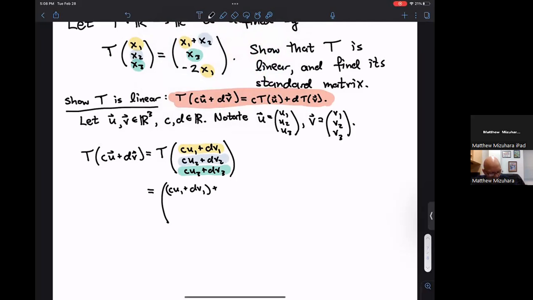So that's going to be plus x2, which is the second component. So that's cu2 plus dv2. And then my second component is the x3 component, so that's cu3 plus dv3. And my last component is -2 times the x1 thing, so that's cu1 plus dv1. I think I did that right.